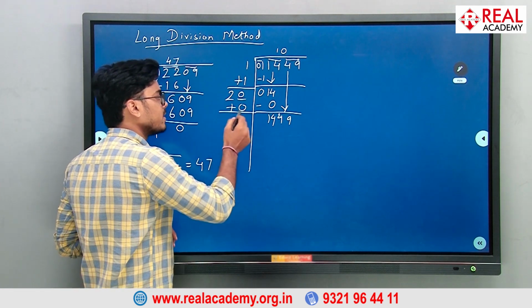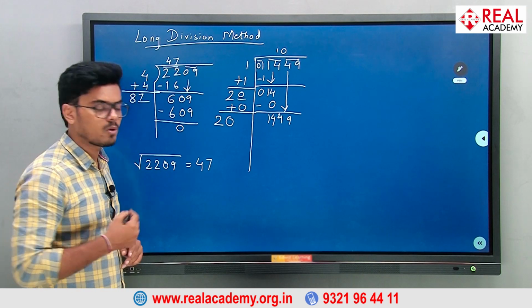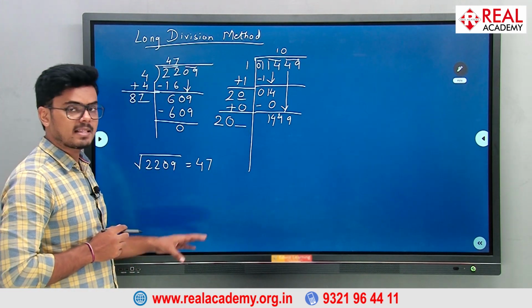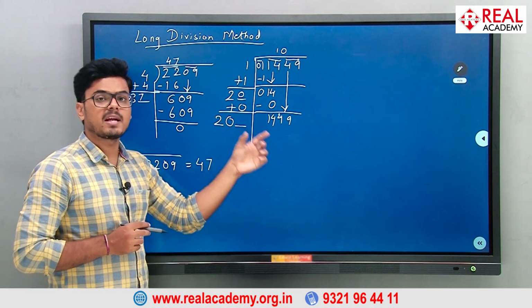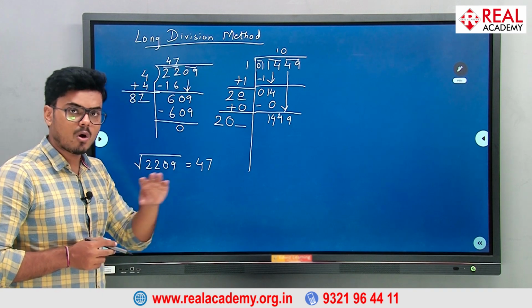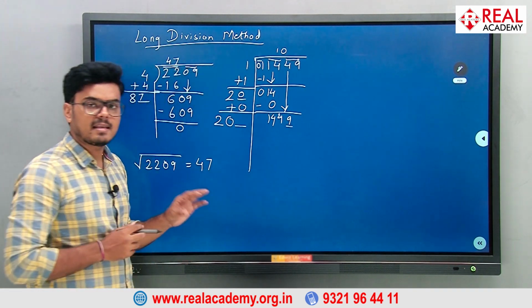In the next step, this will now become 20, addition of 20 plus 0, and we will have to take one more digit. Okay, such that when this number is multiplied with that digit, it will be 1449 or less than that. So I can see that in the end there is 9 here.